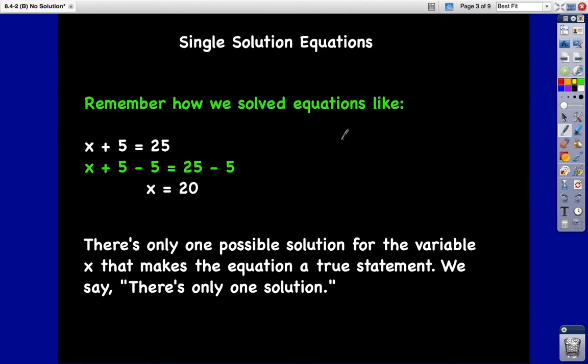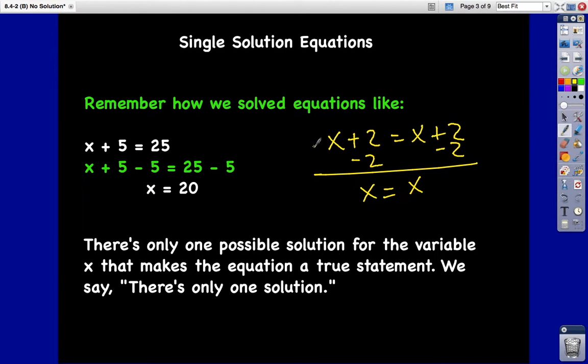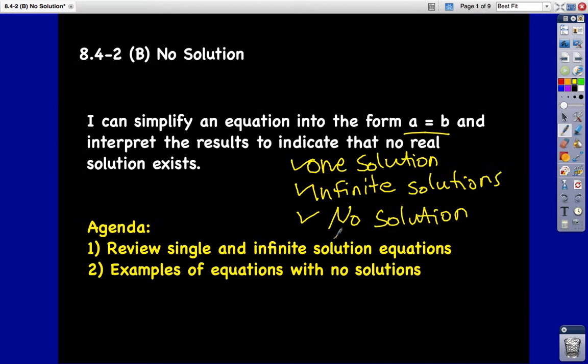If we end up with the exact same thing, like x plus 2 equals x plus 2, then we know infinite solutions exist, because we could subtract 2 from both sides and end up with x equals x, or we could have subtracted x from both sides and ended up with 2 equals 2. Either way, if you have something equaling itself, it's infinite solutions. But notice no solutions are going to result in something where a equals b, a false statement like 2 equals 3. We know 2 doesn't equal 3. It's a false statement, therefore no solution would exist.